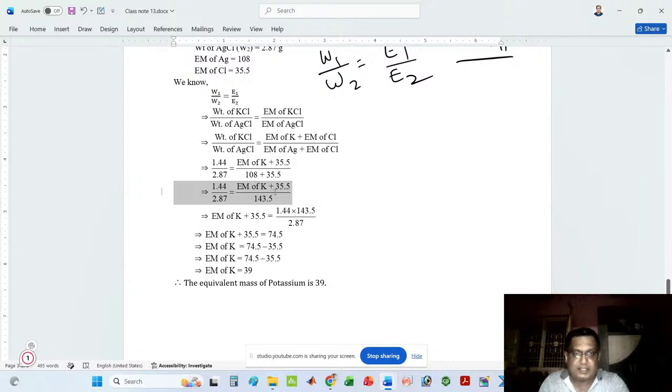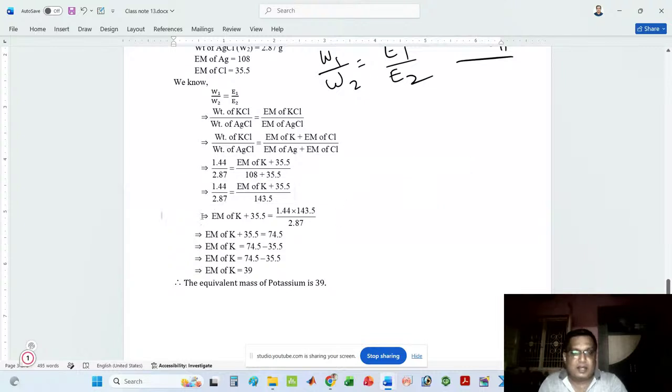After simplification, here I can write by adding 108 plus 35.5, which is equal to 143.5. So here I can write 1.44 divided by 2.87 is equal to equivalent mass of K plus 35.5 divided by 143.5.